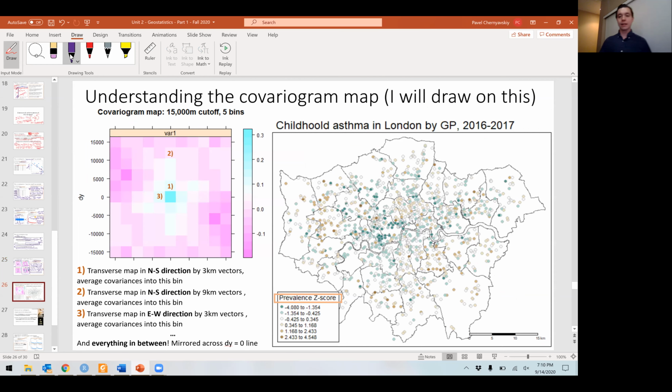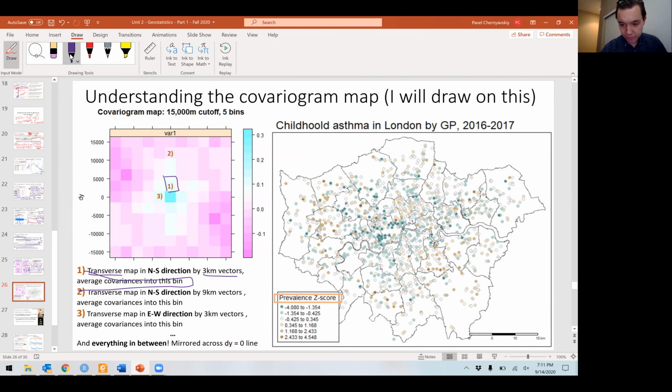So let's look at it a little bit more. To be clear, this box number 1 says that we're going to traverse the map. The map on the right gives us a map of the z-scores, by the way. That's why I have negative and positive values. So box number 1 says we're going to traverse the map in the north-south direction by 3-kilometer vectors and then average covariances into these 3-kilometer bins.